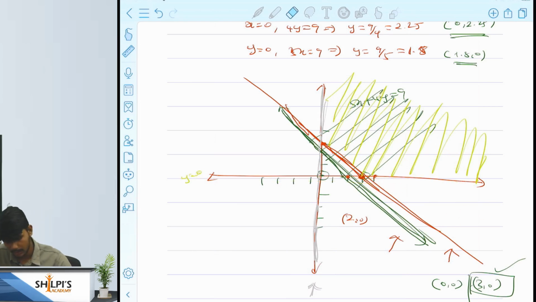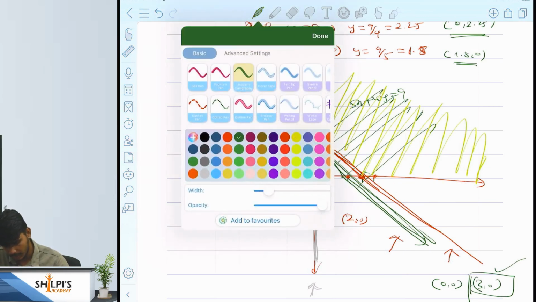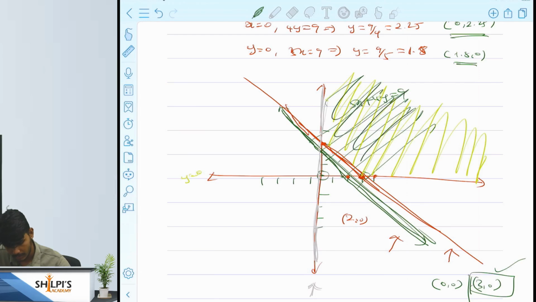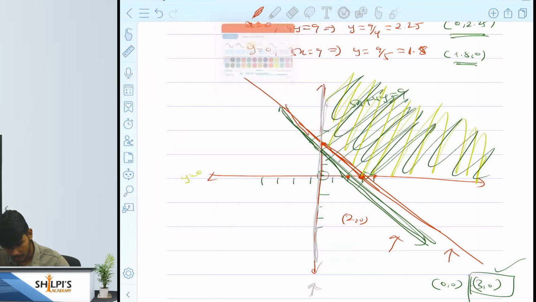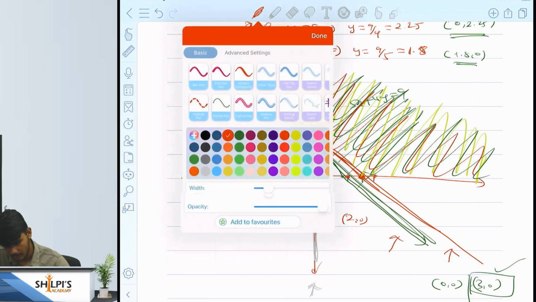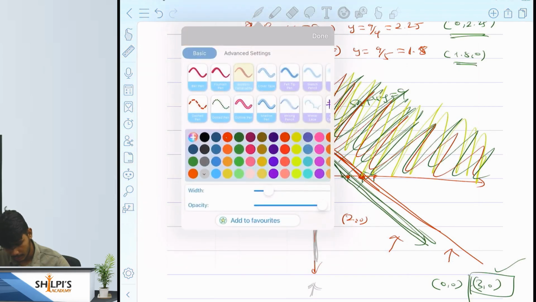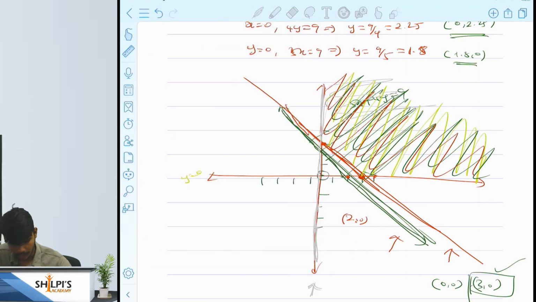So I have erased all these. Then the common region will be here, and for the red also here, and for the gray only here, and for the yellow the region will be on that particular line.